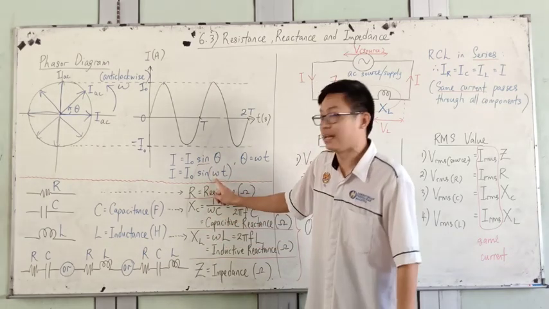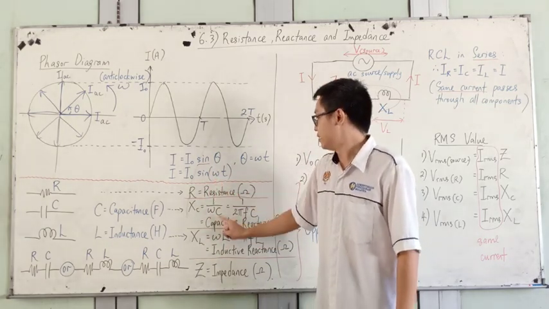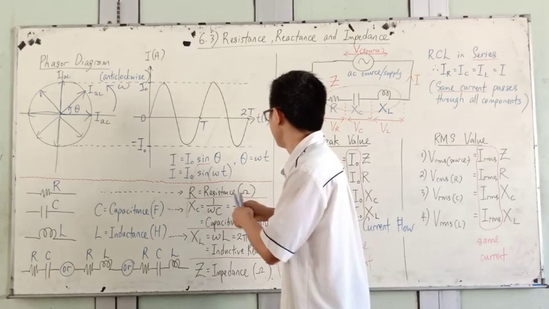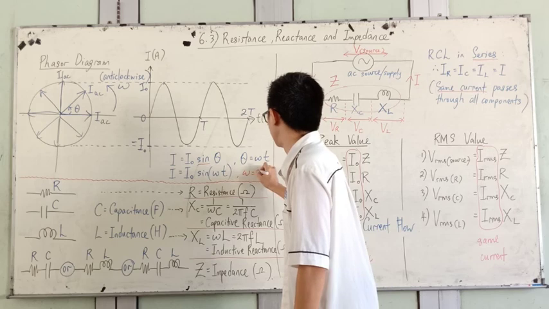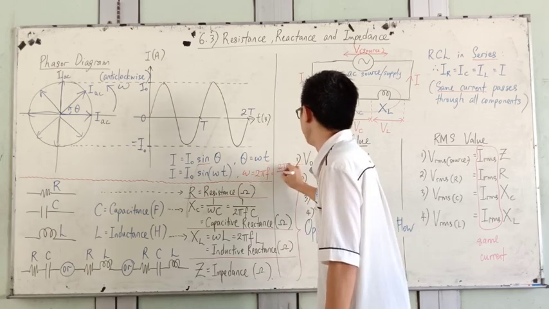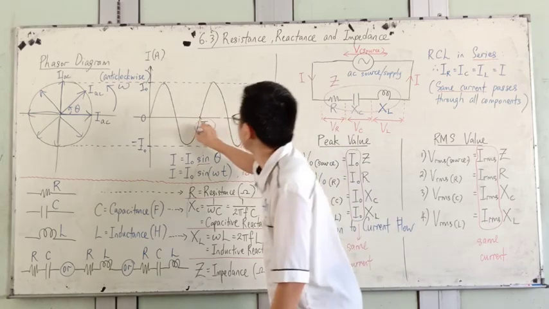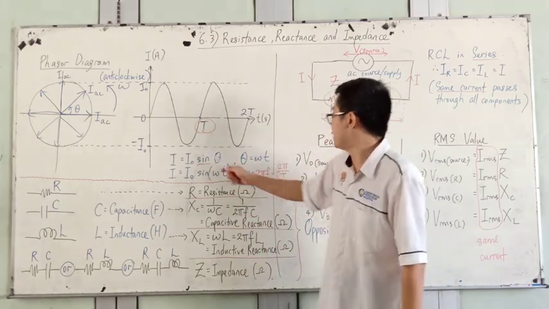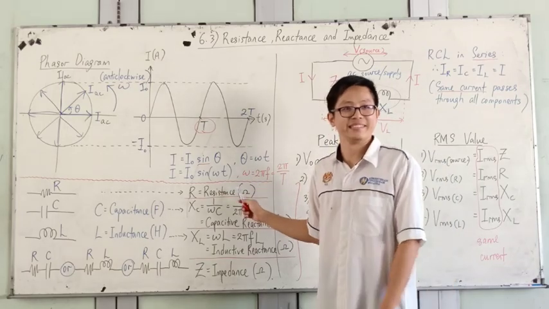Omega is this omega. Omega is 2 pi f, or 2 pi over period. The period we get from here, and we can find the omega.